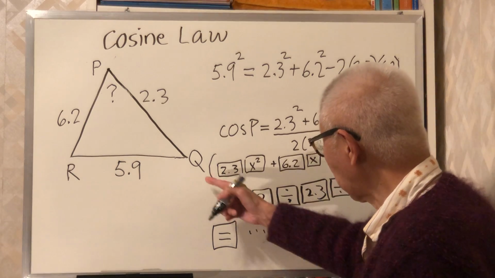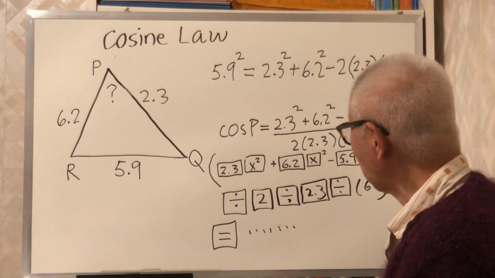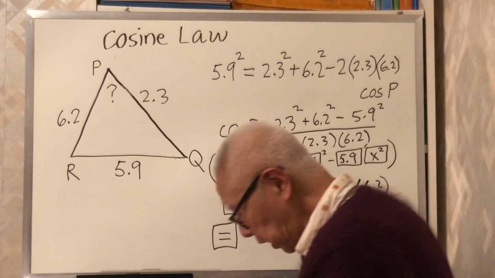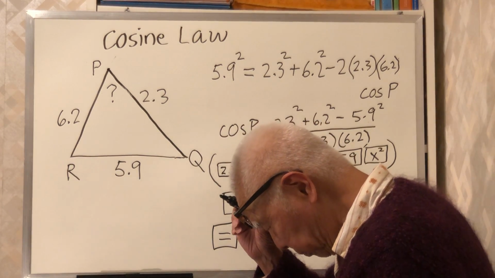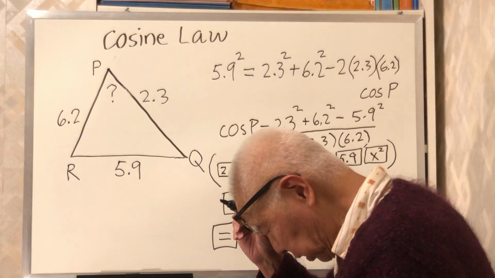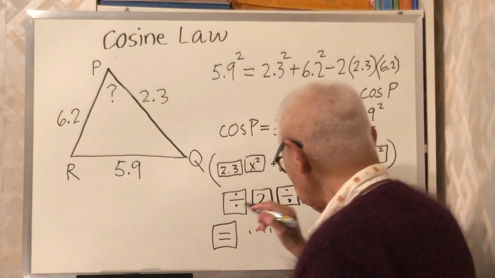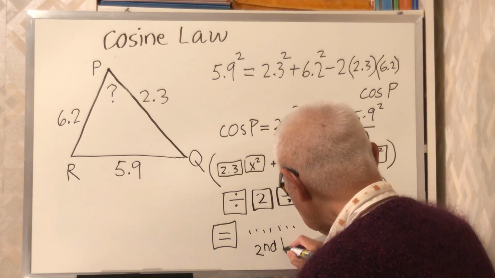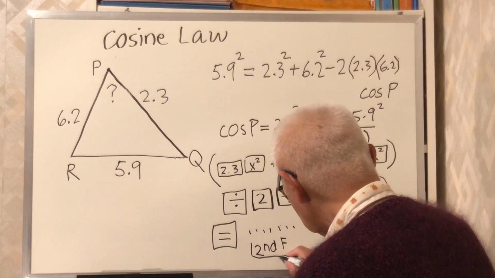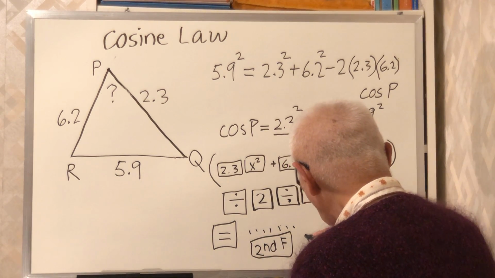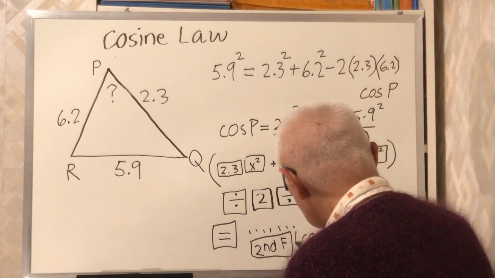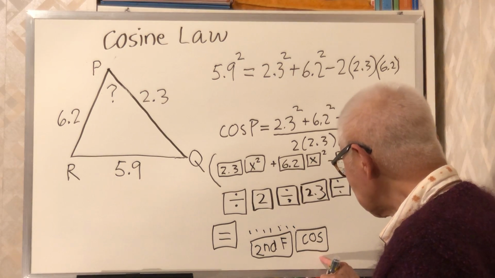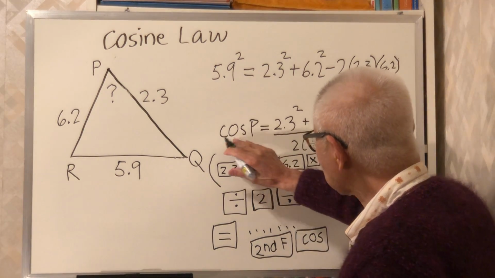But I don't want a number, I want P. So how do I do that? Then you need arc cosine. So on my calculator, what you do is second function, second F, and then cosine. If you press second function and then cosine, it is arc cosine.